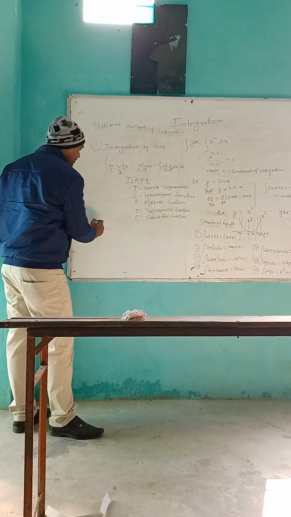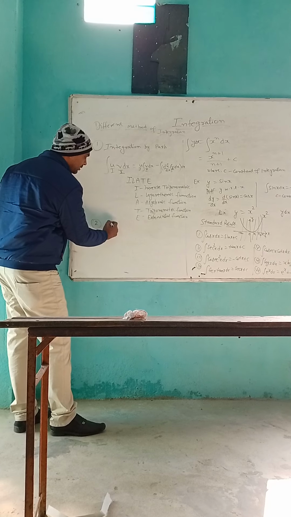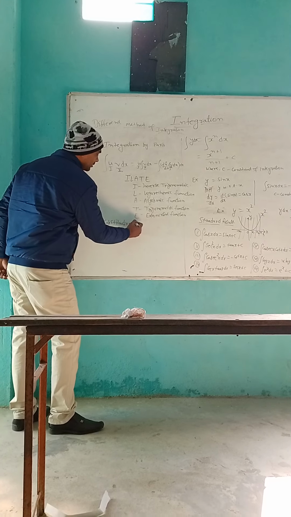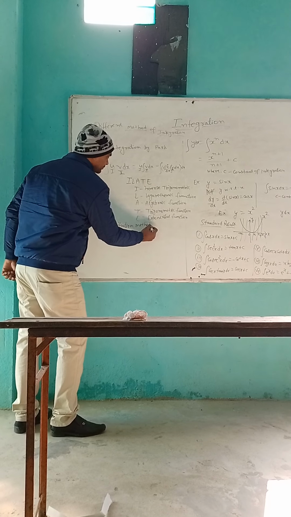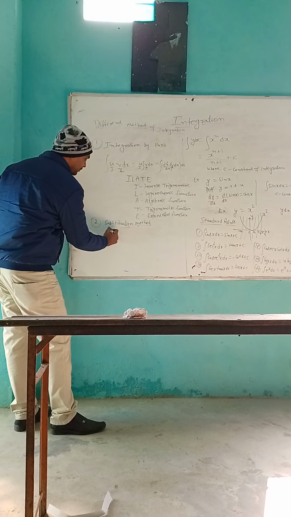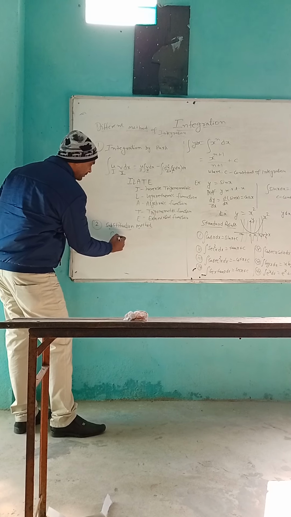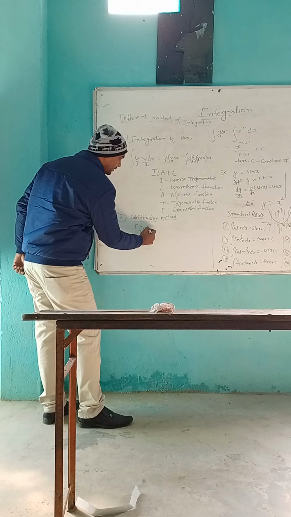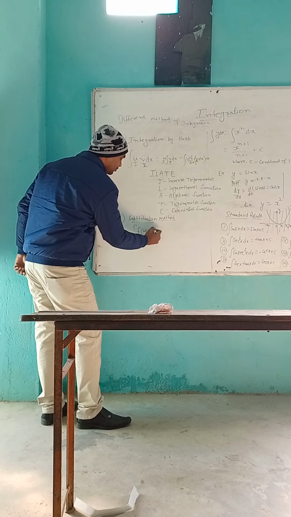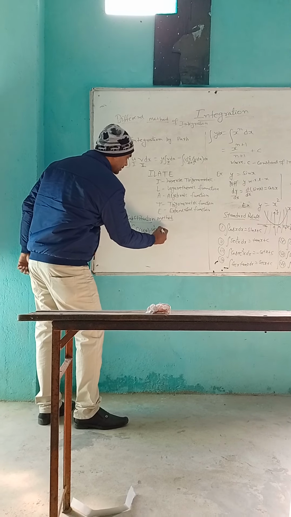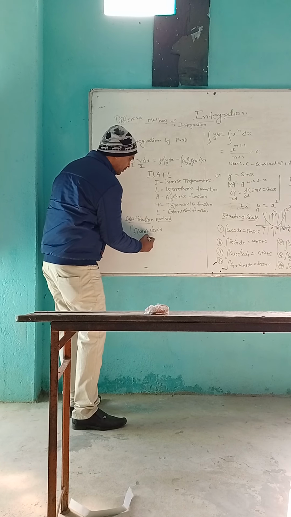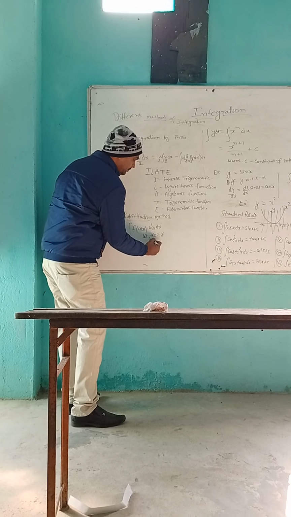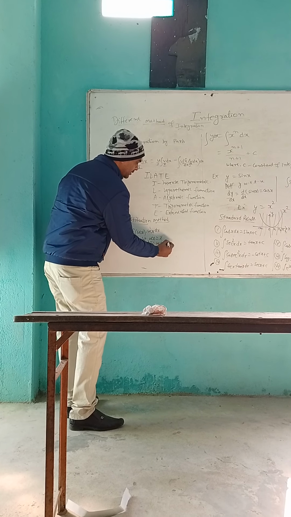Now I am going to discuss the second method, the substitution method. Example: suppose the integral of f of u x into u dash x dx. Let u x equal to t and differentiate with respect to x.